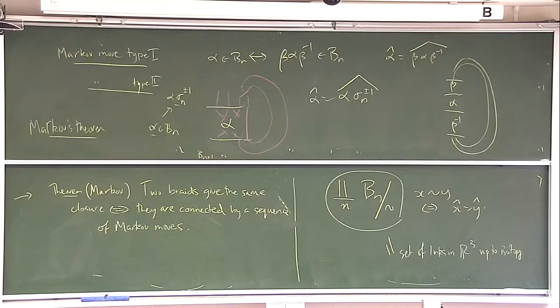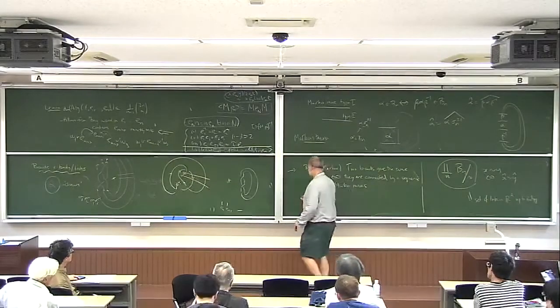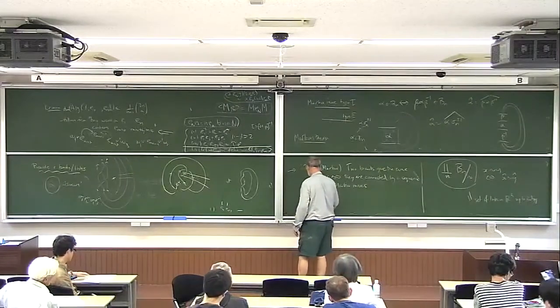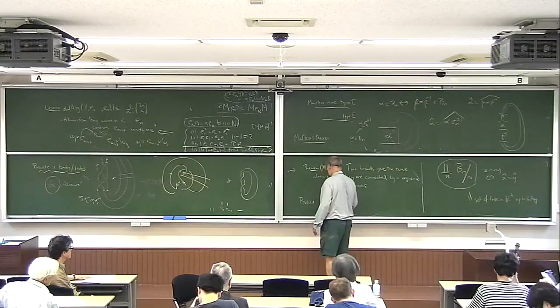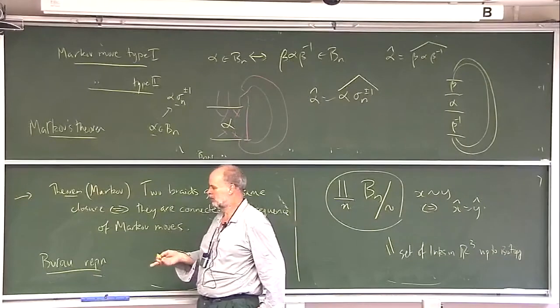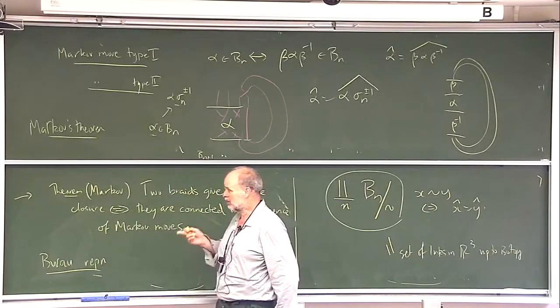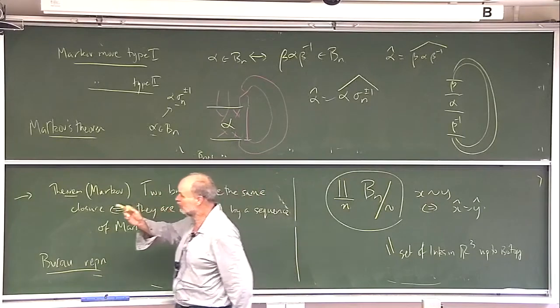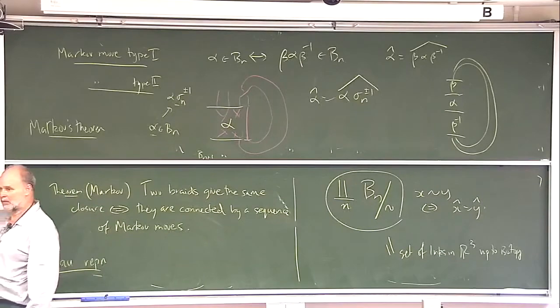I knew that you could get the Alexander polynomial of a knot from a linear representation of the braid group called the Burau representation. I knew that there was a formula for the Alexander polynomial in terms of the characteristic polynomial of the Burau representation. I knew that the Burau representation was included as a direct summand, a little part of this representation.